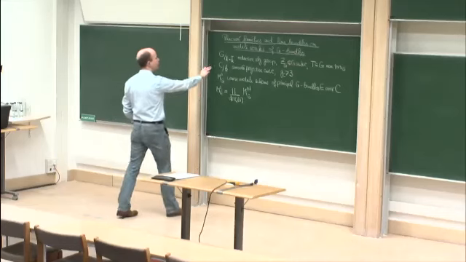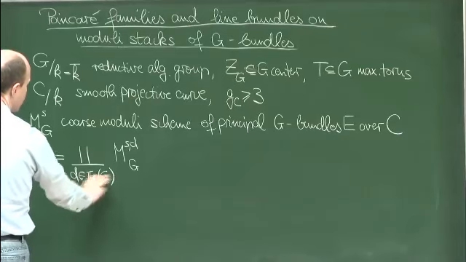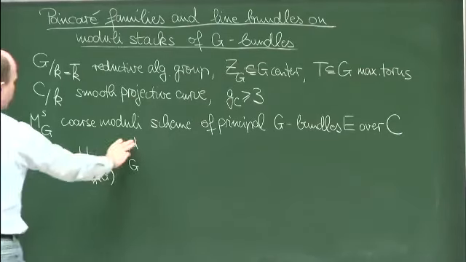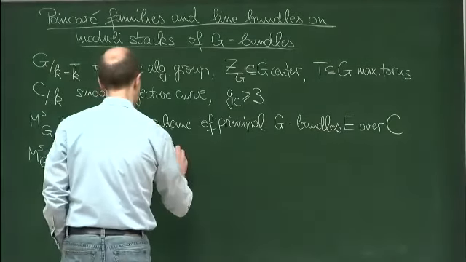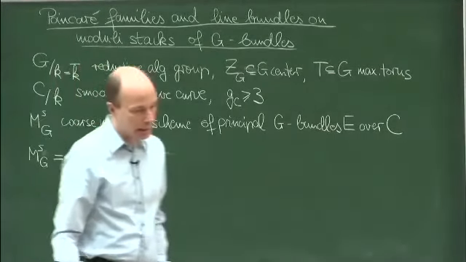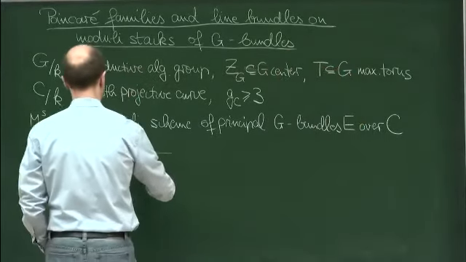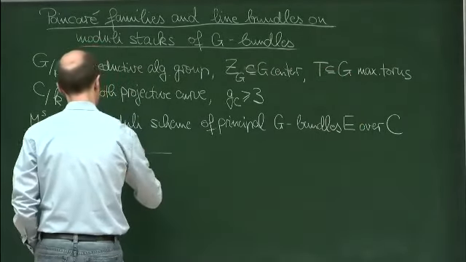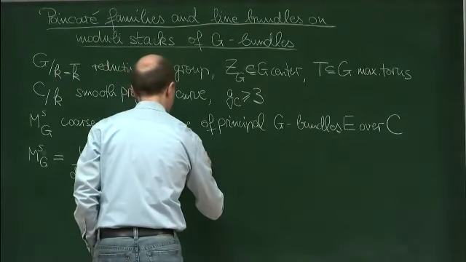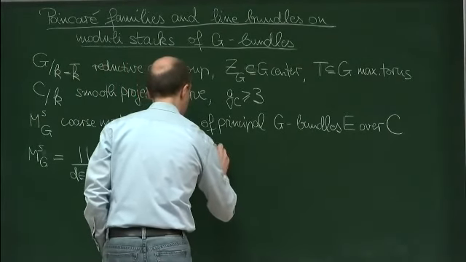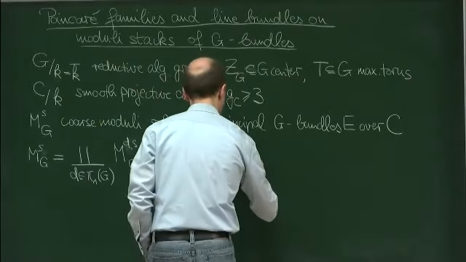For example, for G equals GL_N, the fundamental group is Z, and this invariant d is the degree. That's why I denoted d. And if we fix this discrete invariant, then we get irreducible moduli spaces. So these, let me write it the other way around, G, comma, stable. These are irreducible quasi-projective algebraic varieties.